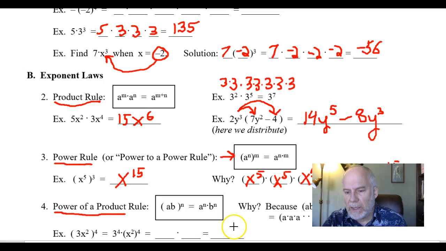All right? And the reason for this, well, think about this. Suppose you have AB to the nth power. What does that mean? Well, if you have nth power, that means I'm going to multiply AB times AB times AB n times. However, whatever n is, I'm going to multiply AB times itself n times. Okay? Well, if you just rearrange the terms, this is all multiplication.